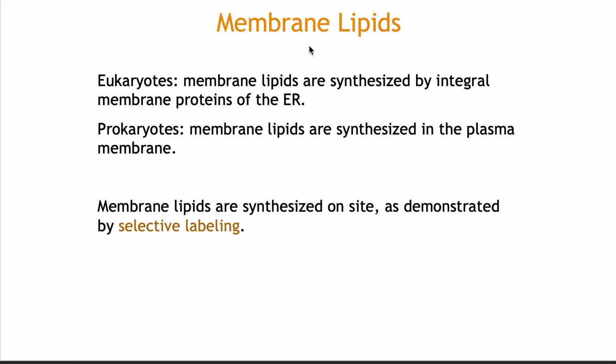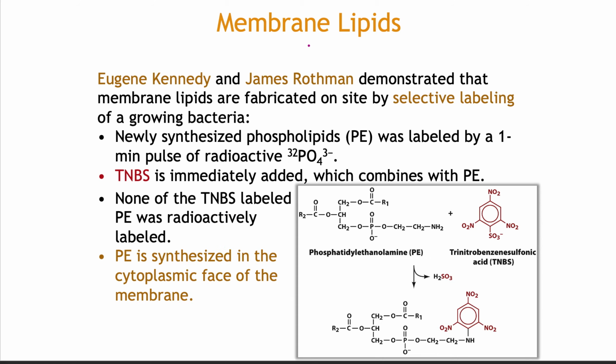And when membrane lipids are synthesized, they're synthesized on site. This was determined through selective labeling techniques, where Kennedy and Rothman showed that membrane lipids, specifically phosphatidylethanolamine, are synthesized in the cytoplasmic phase of the membrane.